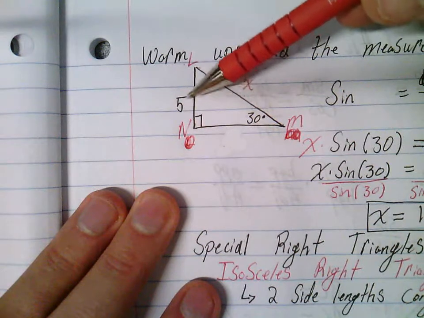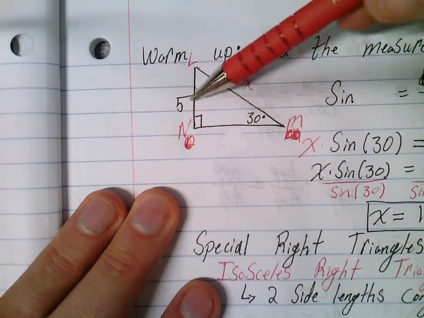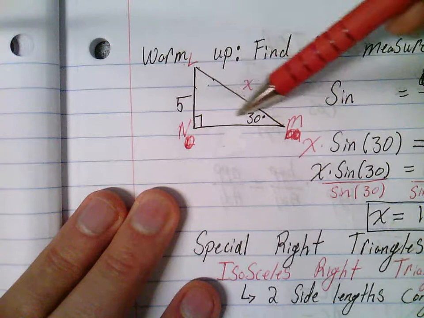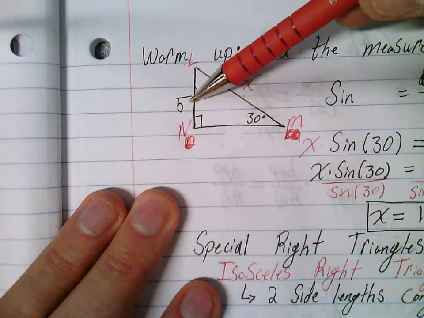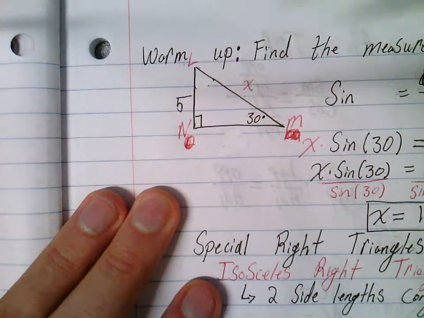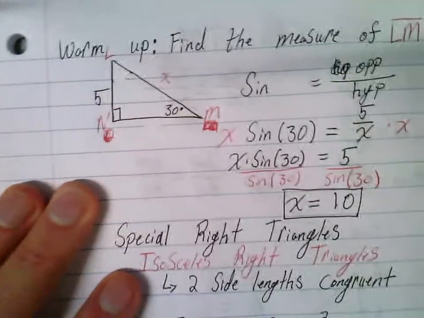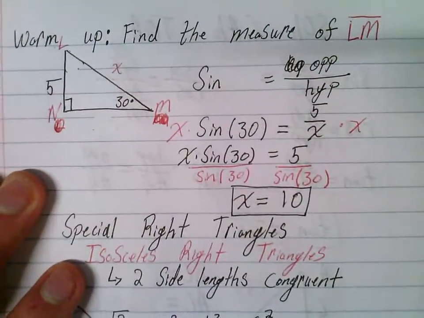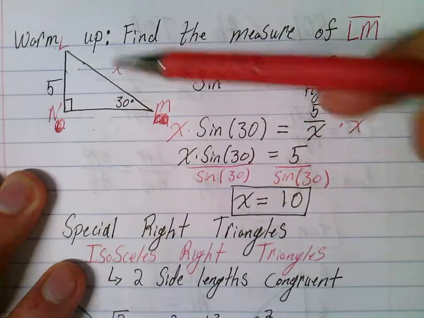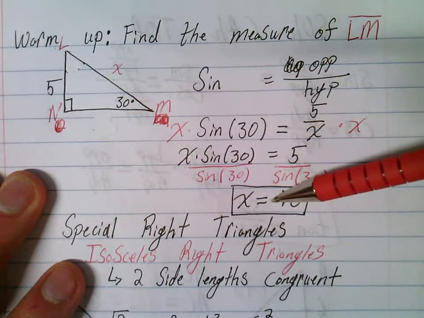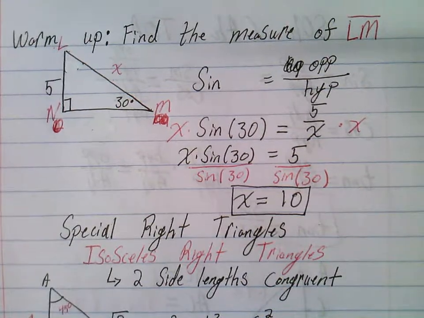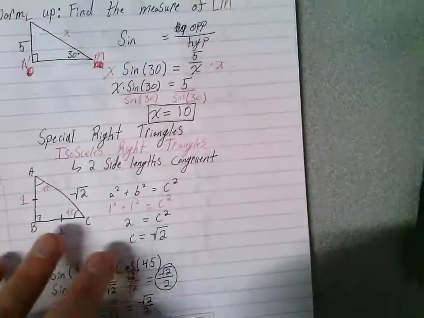If this is the short side, so it's opposite the 30-degree angle, my hypotenuse is 2A, which is exactly what we came up with. The length of this is 10. So we've already seen how this can work. Let's pop back in here.